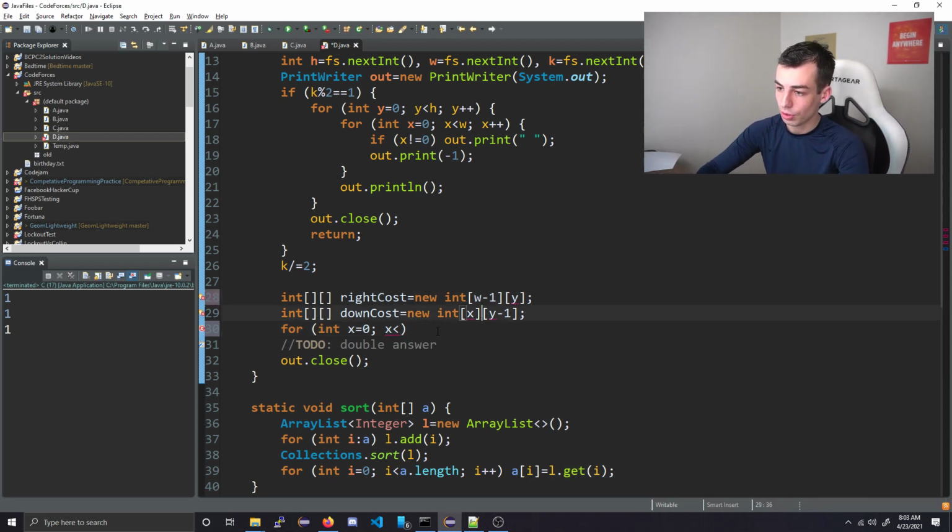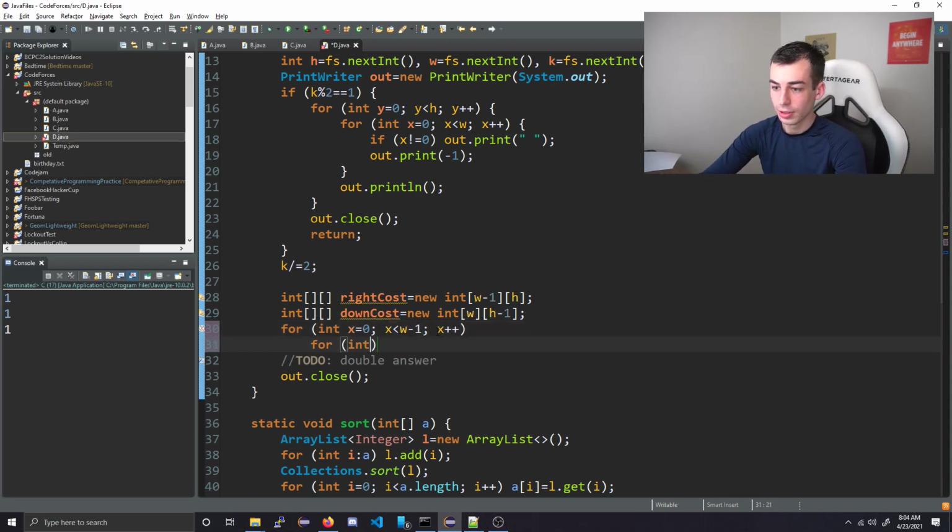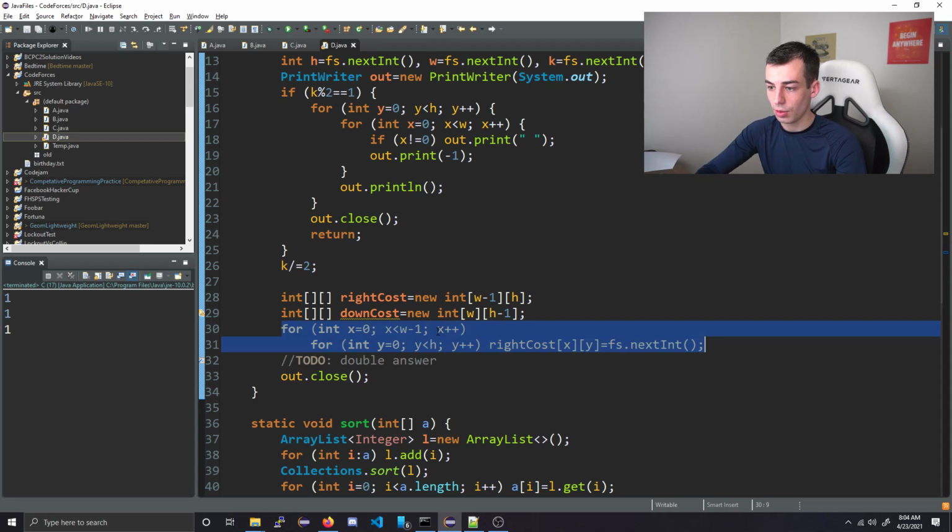That should be width -1, height -1, height, width. Right cost at xy equals the next int. Okay. Then we're going to do the same thing.